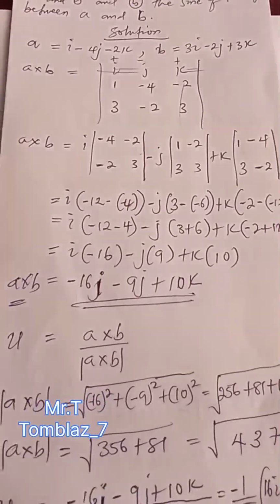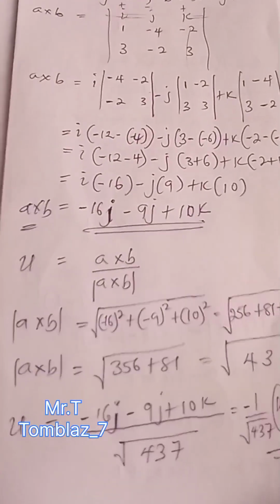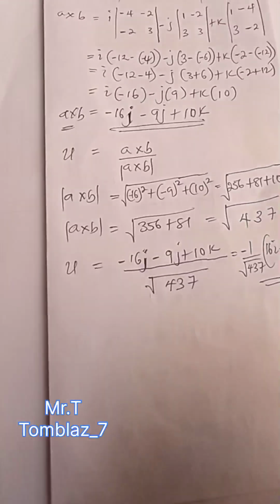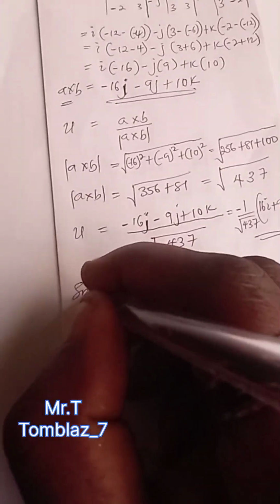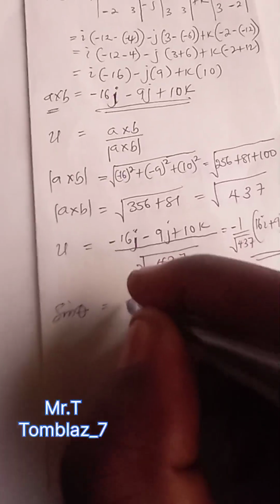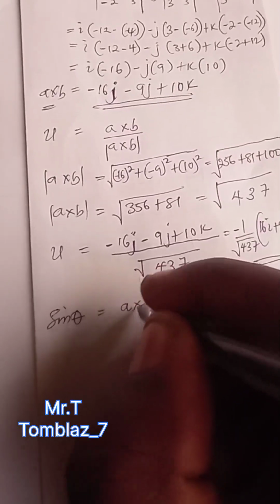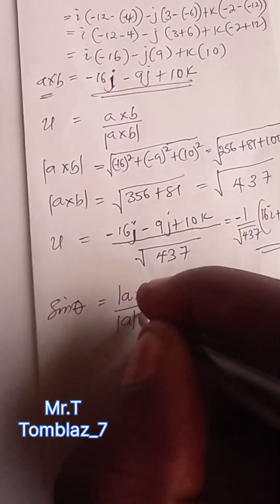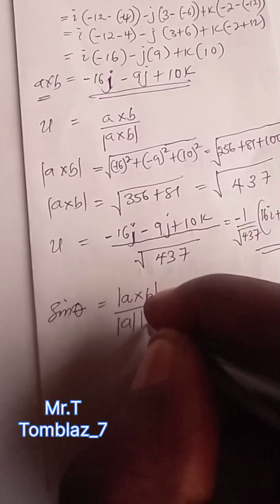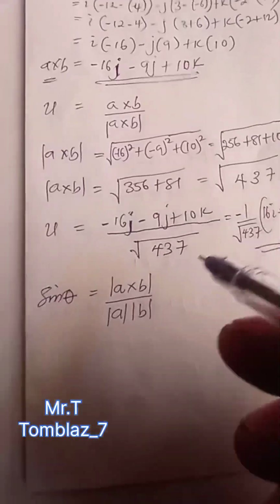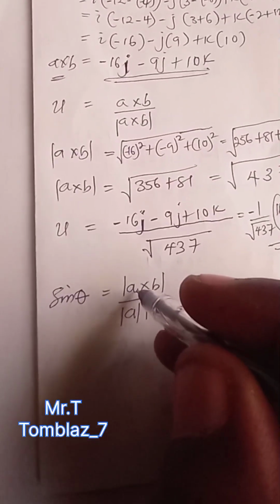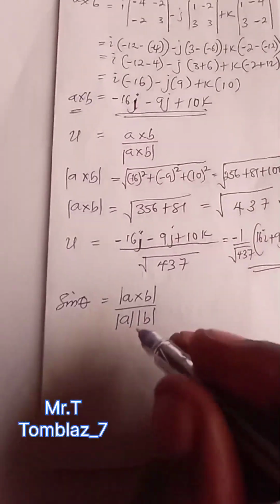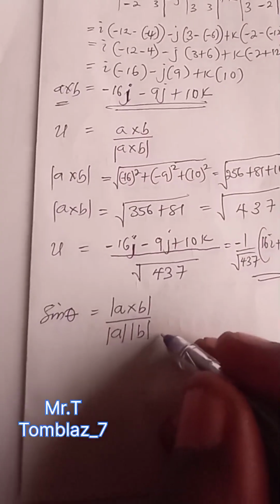That's option B. Now, if we are to look for the sine of the angle between A and B, then we are going to recall this formula: sine theta is equal to the modulus of A cross B, all divided by the modulus of A and the modulus of B. So we have already gotten the modulus of A cross B, which is this value. Now what is left for us to get is the modulus of A and the modulus of B.